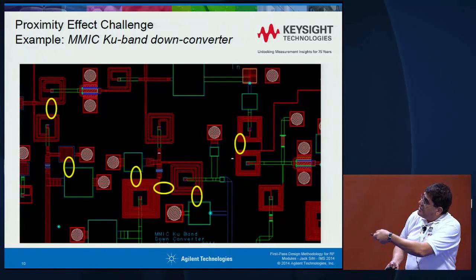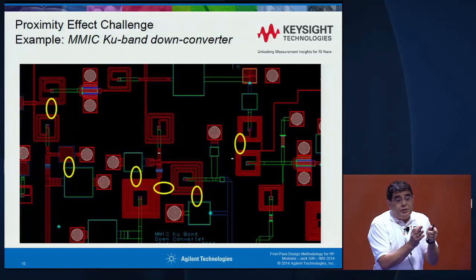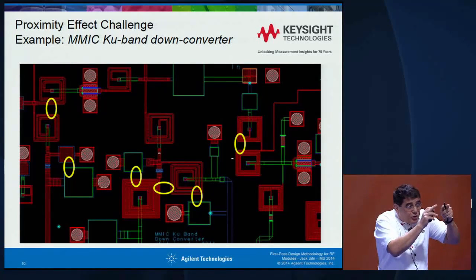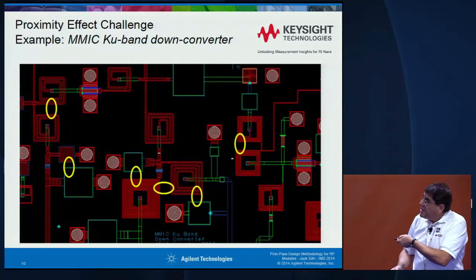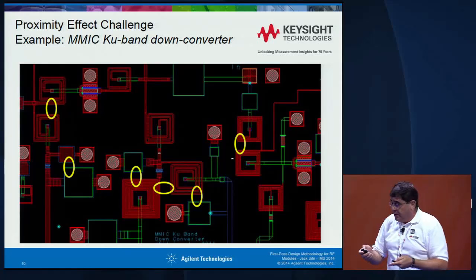This design, a Ku band down converter, is really a quarter the size. Today they try to pack everything together into a very small area. So just imagine that if this is really dense, the coupling is going to cause even more problems in your design.